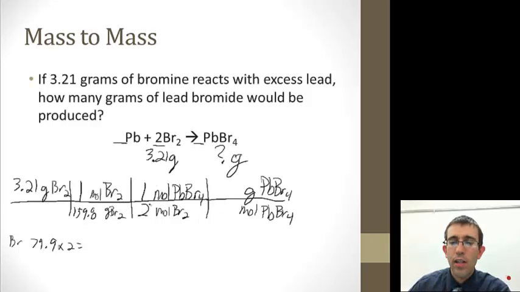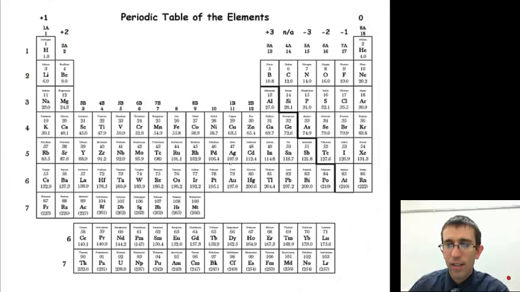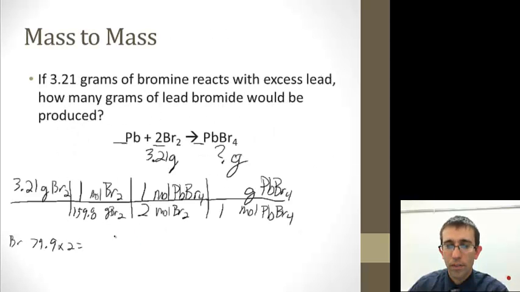Let's go over here. Since we already did these, I'll just remind you, mole and mole, once again, numbers from the coefficients. So there they are. Mole and gram together, my mole is 1. Grams from the periodic table. Let's go back and find lead, Pb. So, lead is way down here at 207.2.